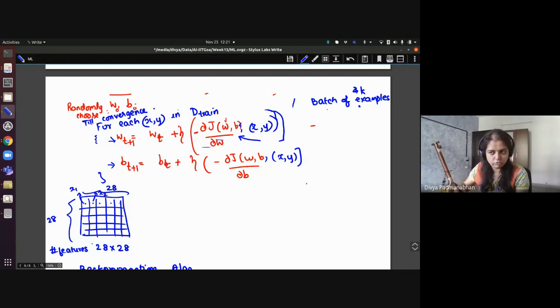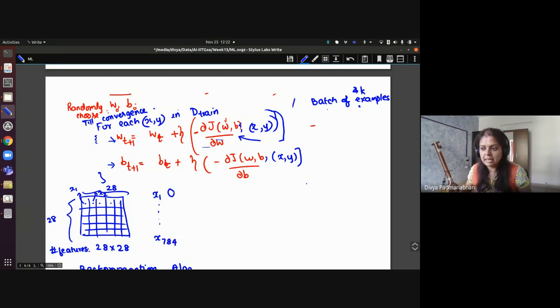So this is your first layer. So x1 to x, what is this number? Can somebody tell me? 28 times 28? 784. Okay, so x784. So this many features are there.